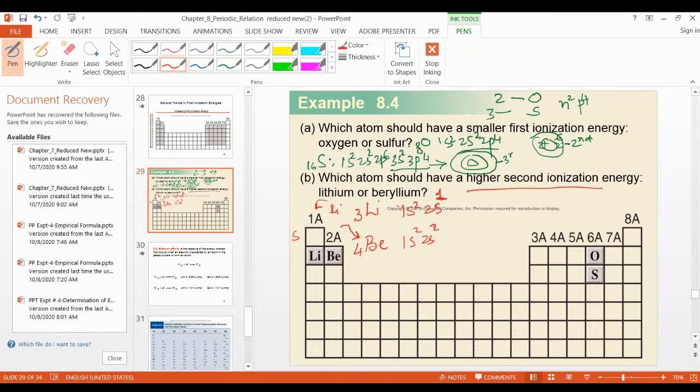The first ionization energy is very easy, right? Because this is unpaired. First ionization energy is very small, right? Because both are in the second shell, but it is unpaired. This can be easily removed from the lithium, but this is paired.